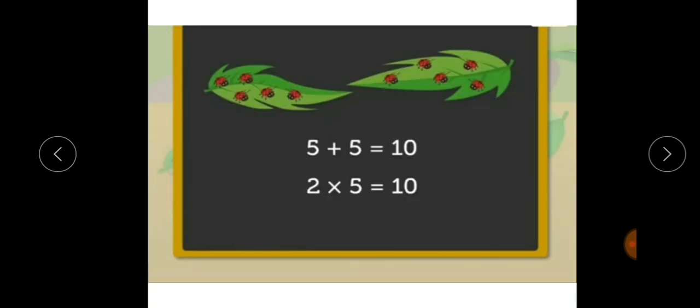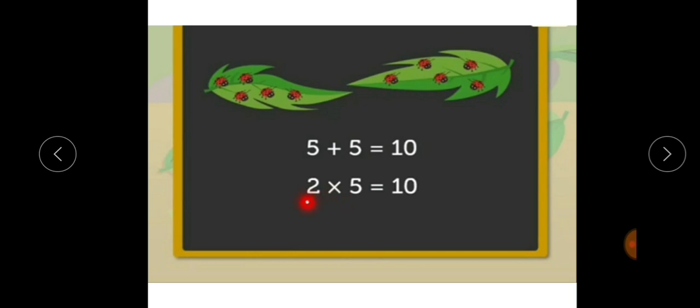Next, let's look at one more example. Here are two leaves and there are 5 ladybugs on each leaf. So we can write 5 plus 5 is equal to 10. 2 times 5 is equal to 10. When we add 5 repeatedly 2 times, we get 10.